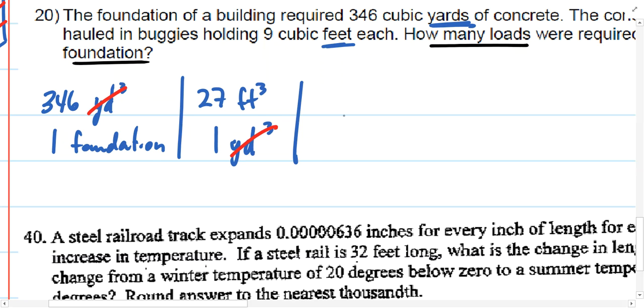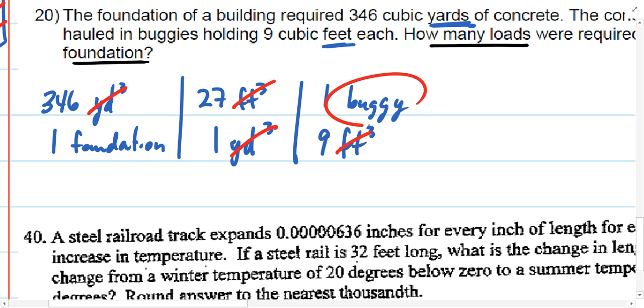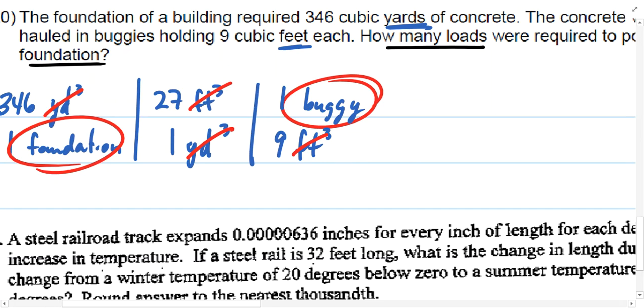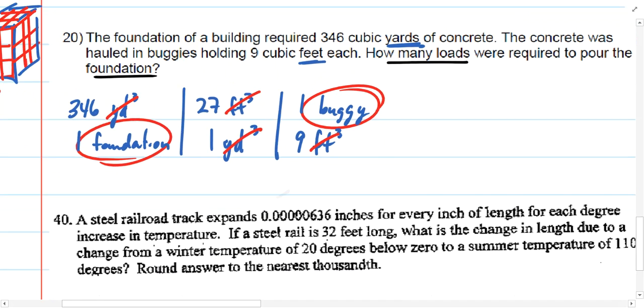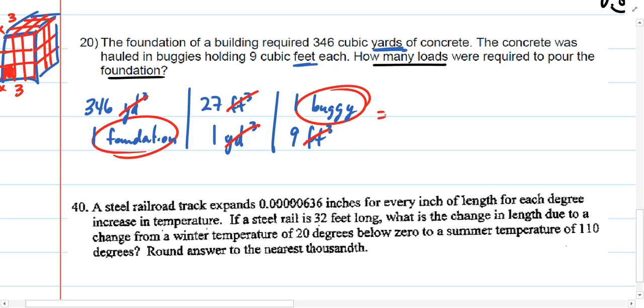We also know that there are 9 cubic feet per buggy. So if there's 1 buggy and 9 cubic feet, then I know that these 2 units will cancel. And now we're dealing with buggies per foundation. And that's the solution that we're after. We want to know how many buggy loads it will take to pour this foundation.